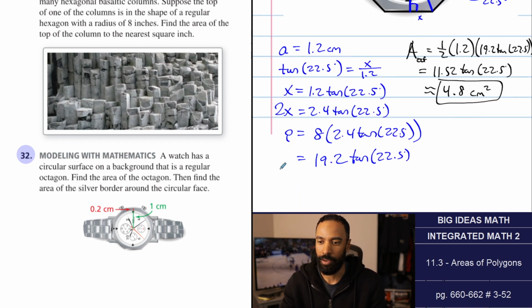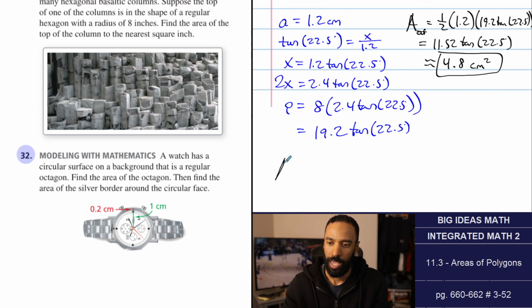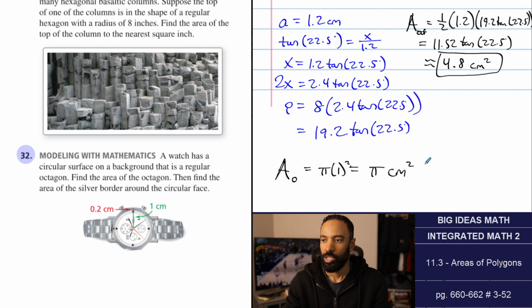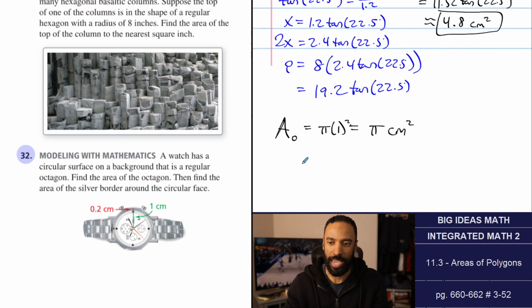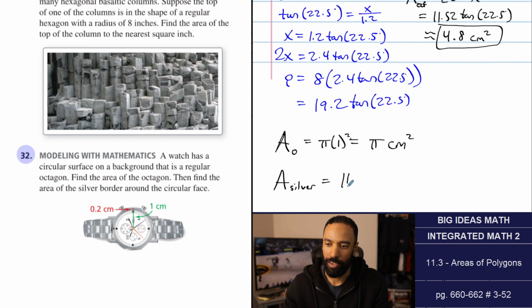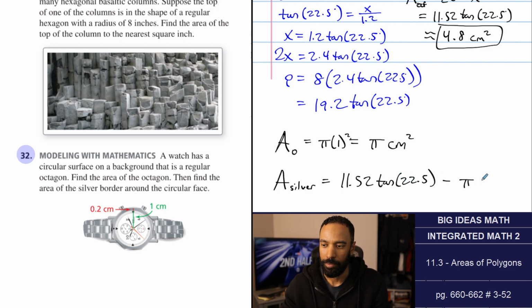So the area of the circle is pi times 1 squared, so that's pi square centimeters. So I'm going to take that out. The area of the silver is, let's do that exact one again. It's good I still have that. 11.52 times the tangent of 22.5 minus pi.